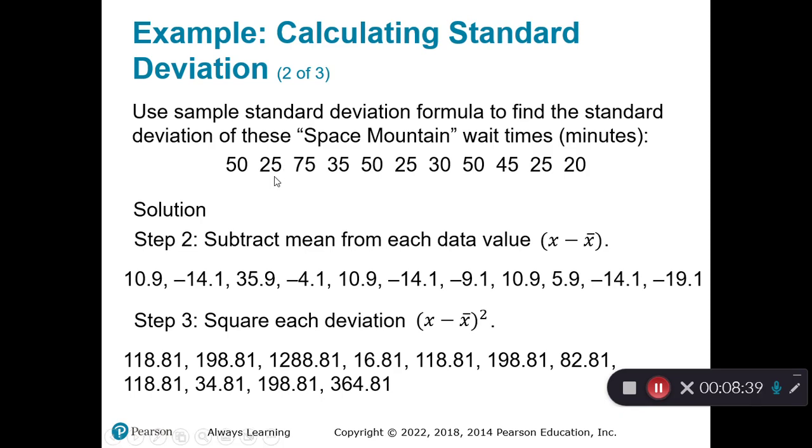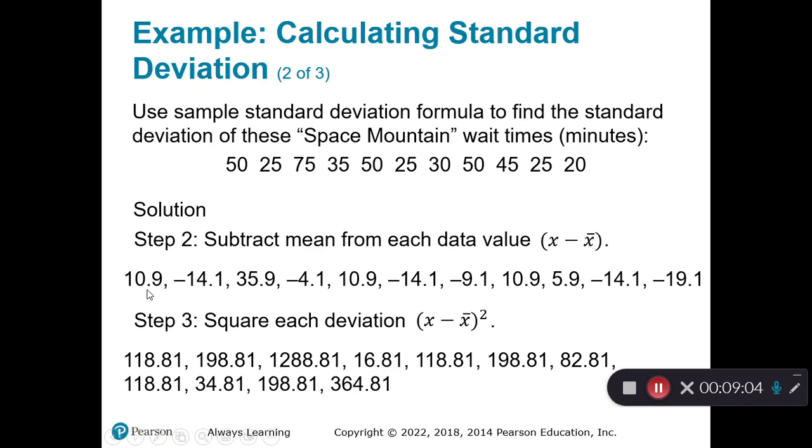Separately, we're going to do 25 minus 39.1, 75 minus 39.1, etc. down the list. So here are those differences already calculated. Again, we subtract the mean, which we found earlier, from each of the data values, and then here's the list of all those differences. The next step is to square these differences.